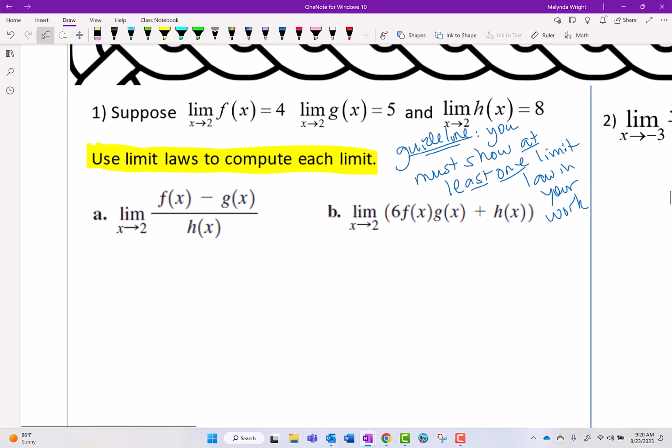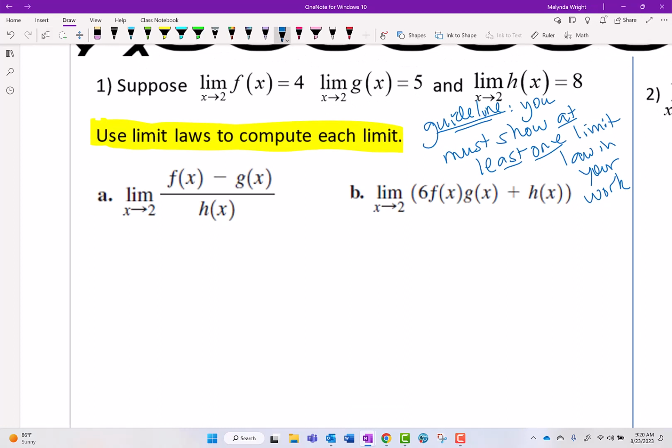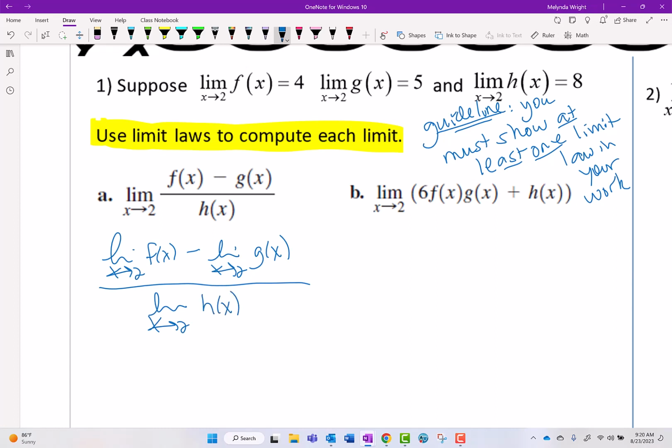Okay, so we've got a lot going on here. I'm actually going to go crazy. I'm going to show several. So we're going to rewrite this, say the limit as x goes to 2 of f of x minus the limit as x goes to 2 of g of x over the limit as x goes to 2 of h of x.